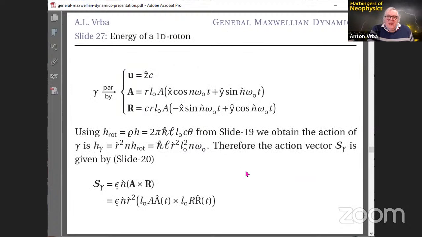Now, the energy of a 1D roton, this is where it becomes interesting.